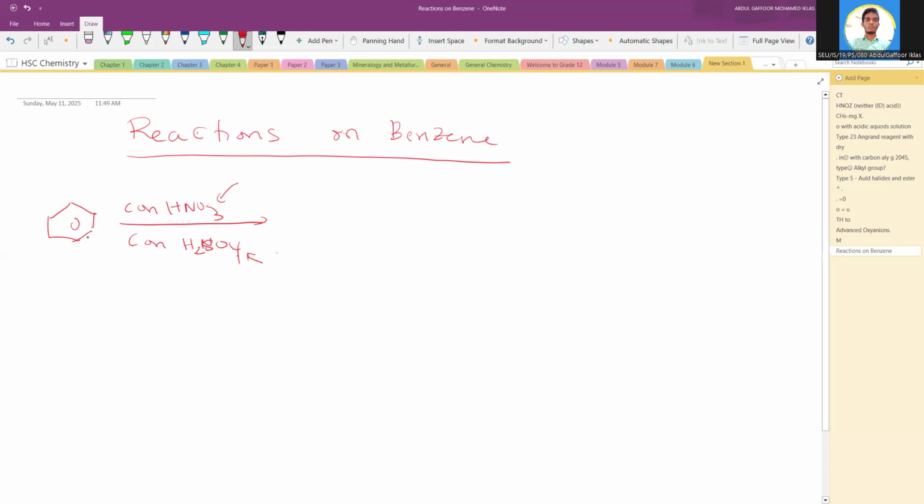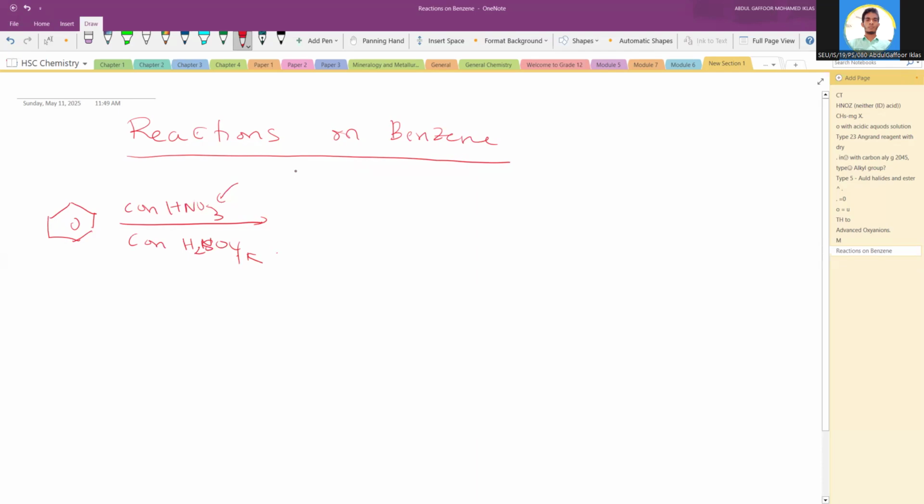Because the reaction rate of this reaction would be very low, we have to increase it. That's why we use this catalyst in order to make the reaction happen, because the activation energy involved in the benzene reaction is very high. That's why we have to use concentrated H2SO4 as the catalyst.